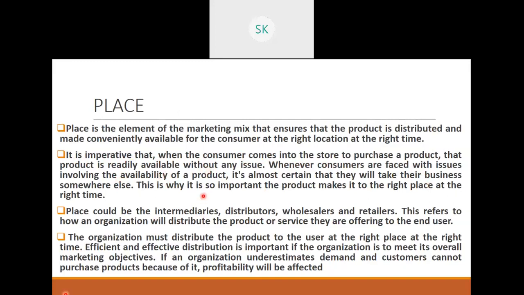Now let's take an example. We are running a store. There is store A and there is store B. Store A is selling jeans. Store B is also selling jeans.